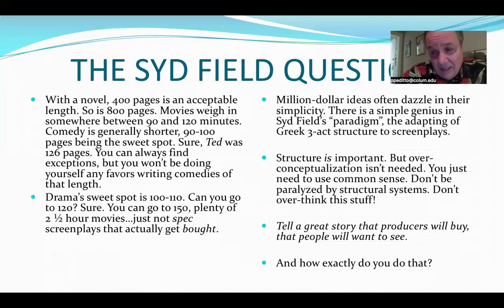And that is where we find most movies. Sure, we get Oscar movies that are 2.5 hours all day long. And yeah, you get exceptions like Ted was a comedy at 126 pages. But in general, we're trying to put it somewhere between 90 and 120.